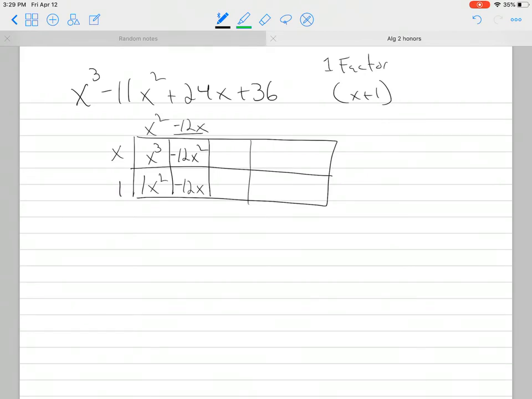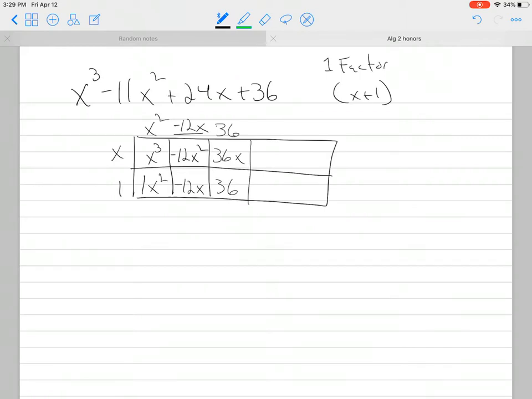Now I'm looking here, and I know this times this needs to add to 24x. So 36 minus 12 is 24. So this needs to be 36. And then this needs to be a 36.